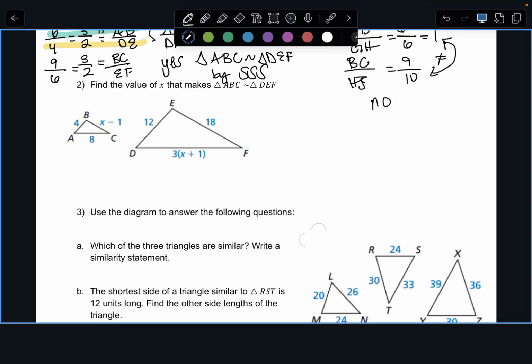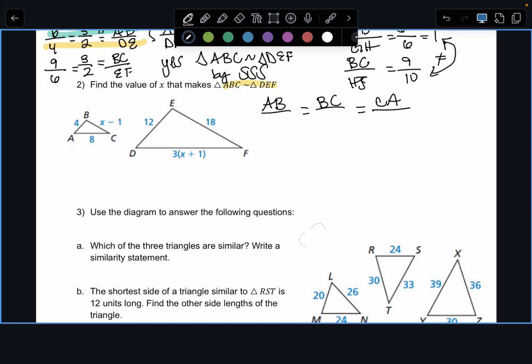This one says, find the value of x that makes these 2 triangles similar. Okay, we're going to line up the things that we need to line up. Let's look at AB. I'm just going to write all of my sides for one of my triangles first. So I'm going to write everything for AB on the top. AB, BC, and CA.